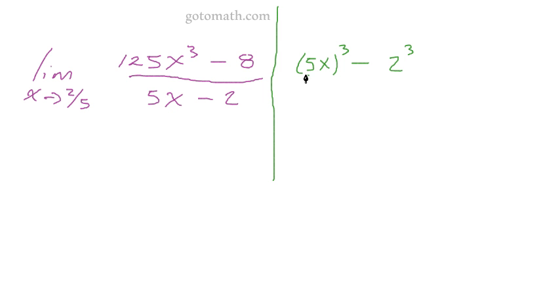This one has a little bit different spin on it because we have this 5 out in front, but that's okay, because what we're going to do is take this piece right here and write 5x minus 2, and then we're going to have 5x quantity squared, and because this is a minus, we're going to write a plus here, and then we've still got the 2, so remember that's that coefficient, and then we have the 5x, and then plus, and then of course we square that number there, and that just becomes a 4.